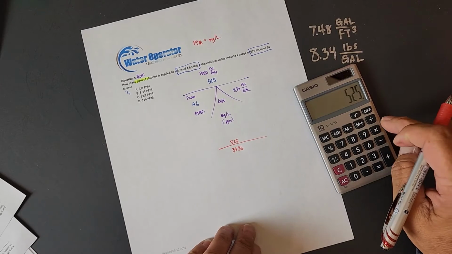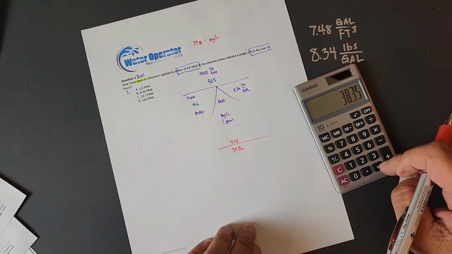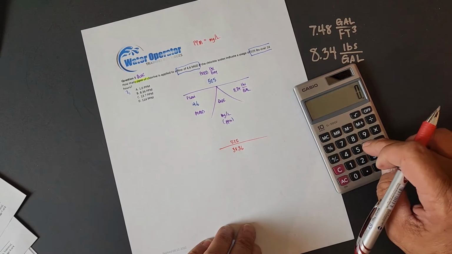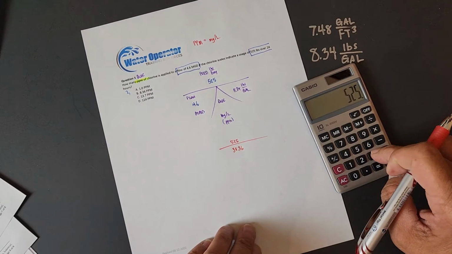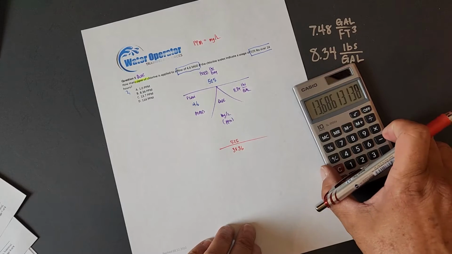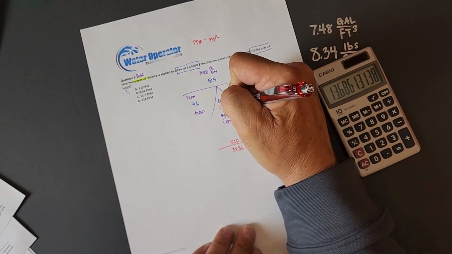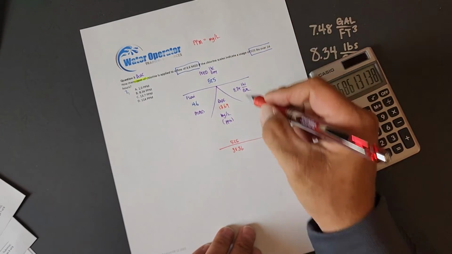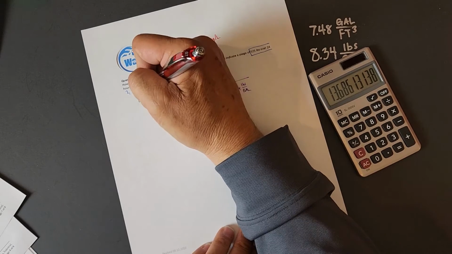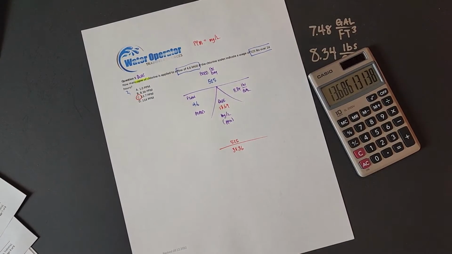So 525 divided by 38.36. Whoops. Let's do that again. 525 divided by 38.36. And that gives us 13.69 parts per million. 13.7. Correct answer is C.